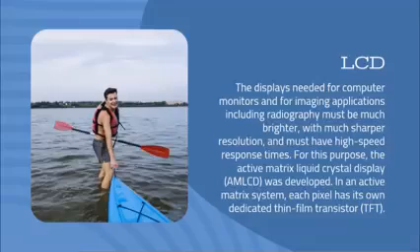For this purpose, the active matrix liquid crystal display or AMLCD was developed. In an active matrix system, each pixel has its own dedicated thin film transistor, same as in your image receptor. Okay? So it has its own thin film transistor, and it also has its own capacitor.